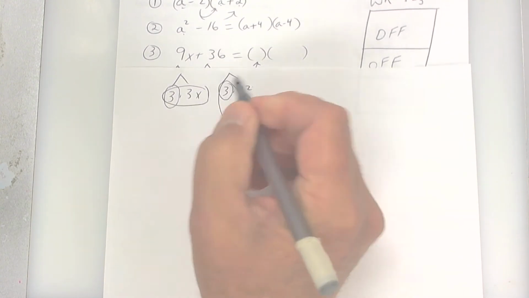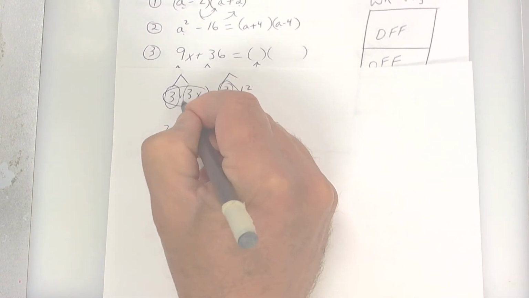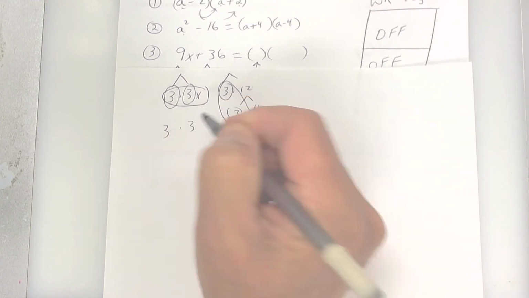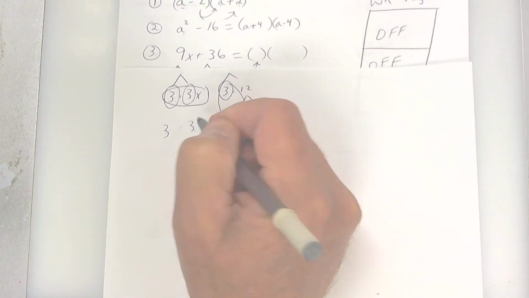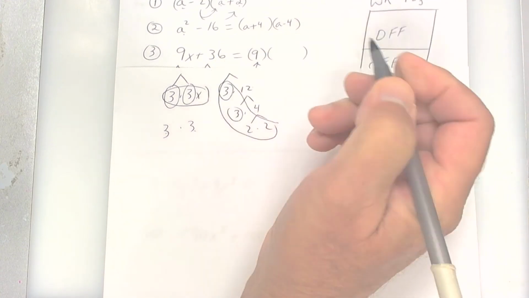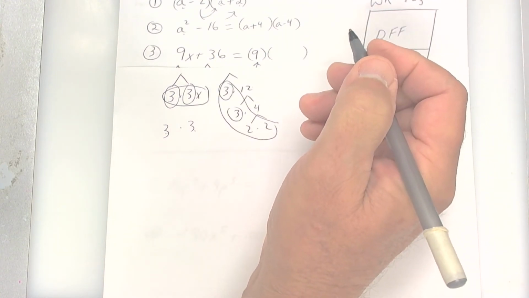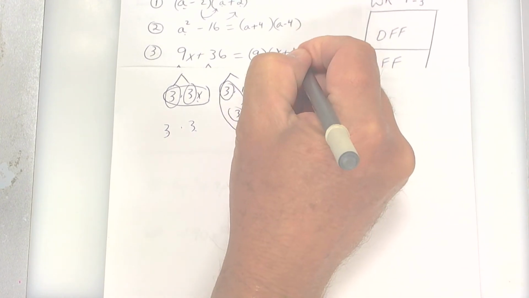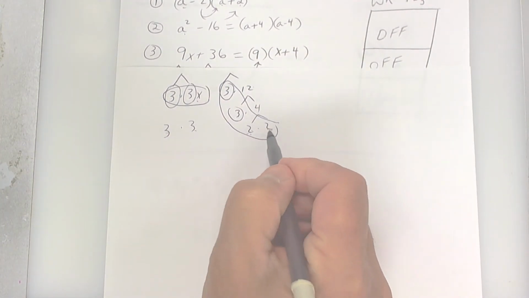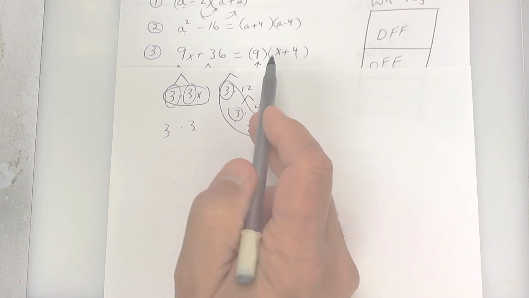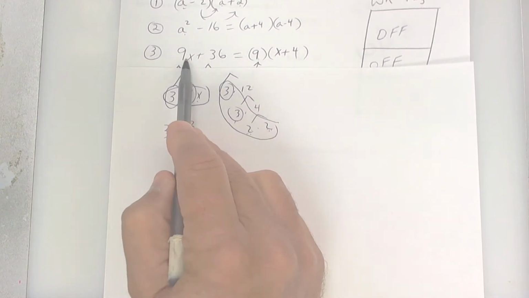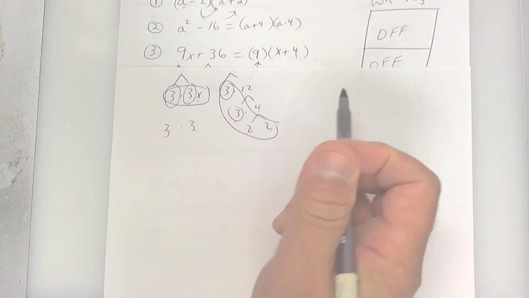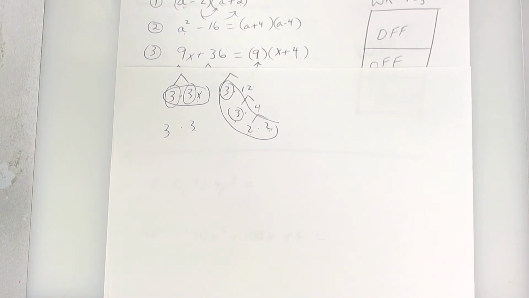They have one 3, and they have another 3 in common. No x's, so 3 times 3 is 9, so put a 9 here. That's your greatest common factor. You're left with an x plus 2 times 2 is 4 because these are not in circles, and that's your answer. 9 times x is 9x, 9 times 4 is 36, and that's called the greatest common factor.